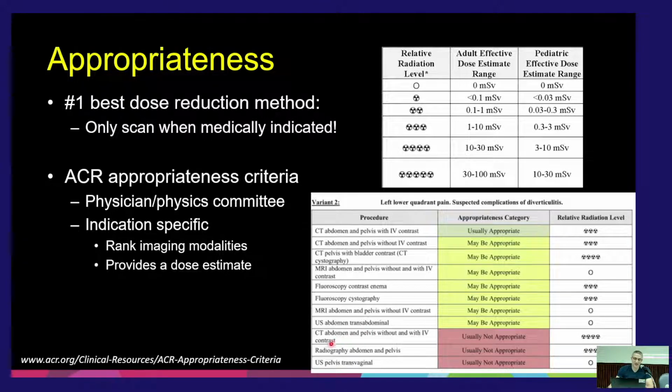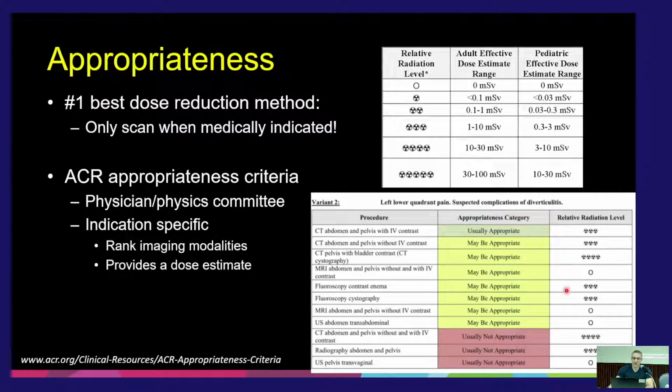And in this case, CT abdomen and pelvis without and with IV contrast. So dual phase CT is not necessary when you're trying to rule out this indication. And so it's great, it gives you a simple, quick green, yellow, red, just like your traffic light, of what is appropriate, what isn't, which modalities would be appropriate. Some of them start with ultrasound or MR, and CT is not even on the list.